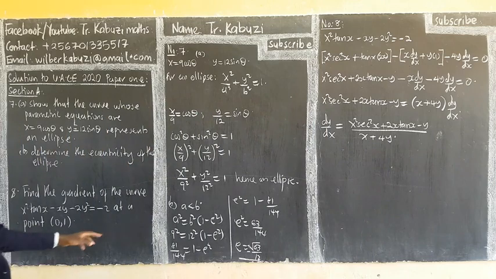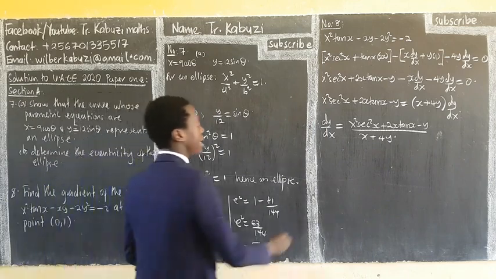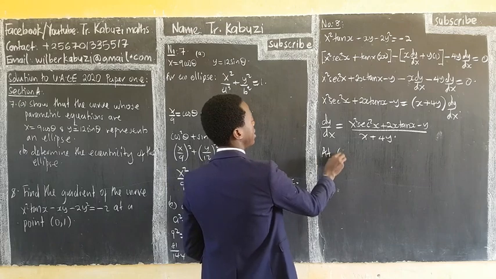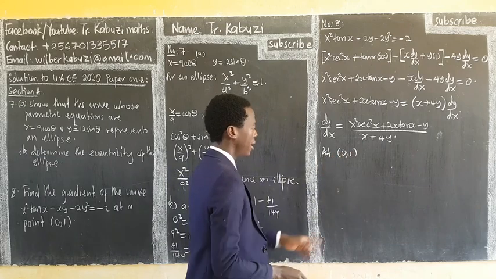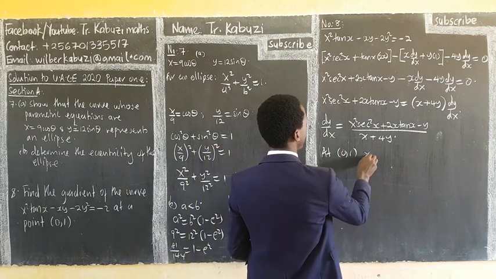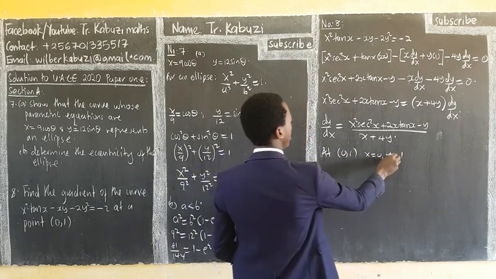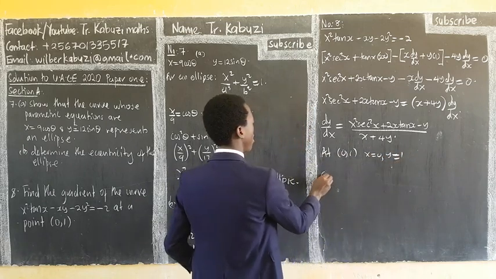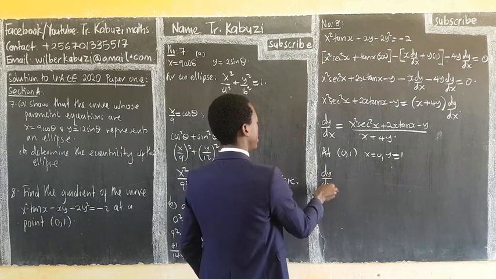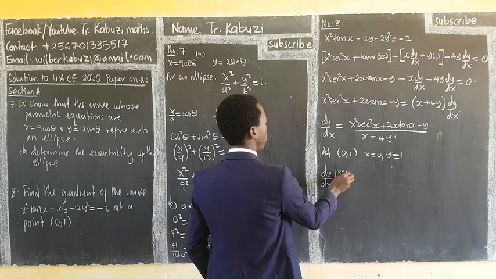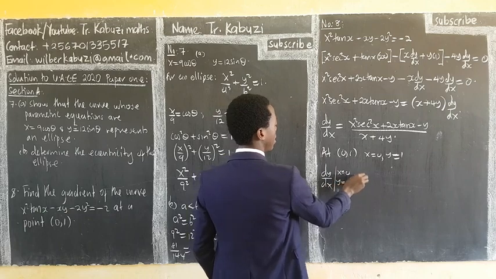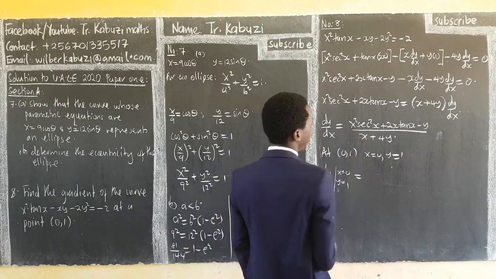Now, at this point, say now at 0, 1, you see from here, your x is 0 and your y is 1. So our dy dx, when x is 0 and y is 1, is going to be, we put in 0.